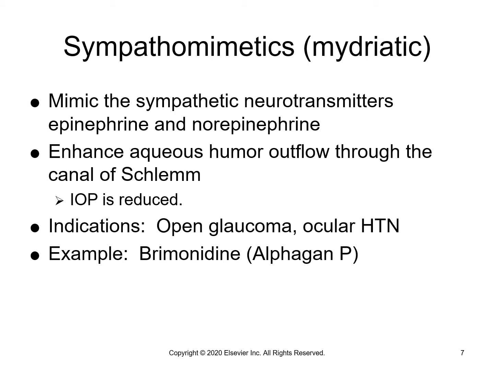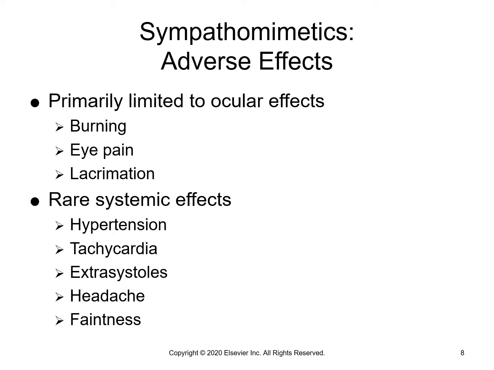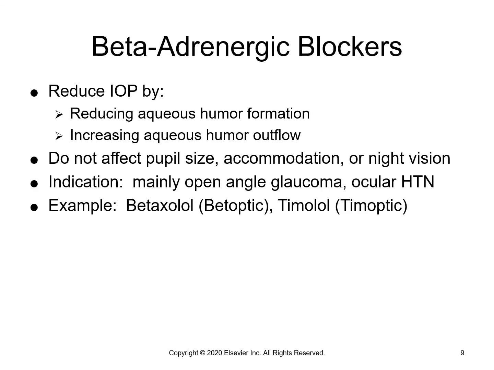This class of medications that causes pupillary dilation is common for the treatment of open angle glaucoma and ocular hypertension. The most common example is listed here on the slide, brimonidine. The most common side effects would be just local side effects, burning, discomfort. There are some more detailed rare side effects.